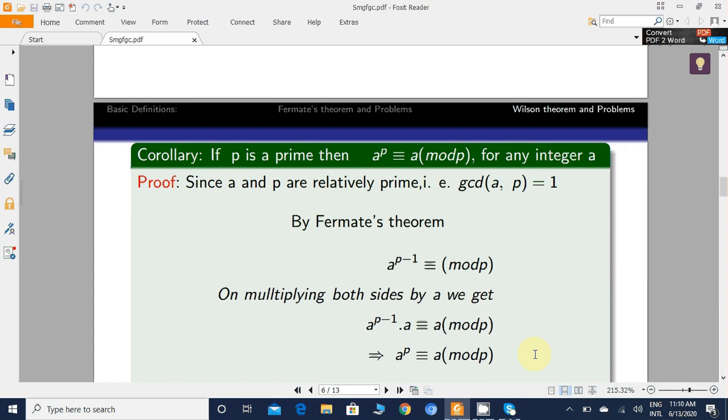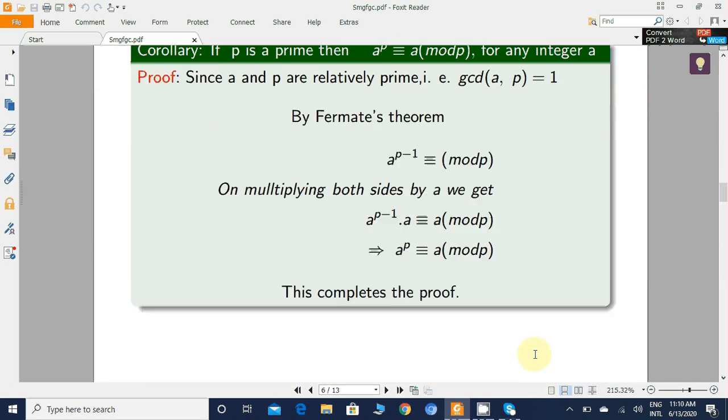So on the basis of Fermat's theorem, A power P minus 1 is congruent to 1 mod P. On multiplying both sides by A, we get A power P minus 1 into A is congruent to A modulo P. Now if we simplify the left hand side, A power P minus 1 into A power 1, the minus 1 plus 1 will cancel. The remaining is A power P, which is congruent to A mod P.